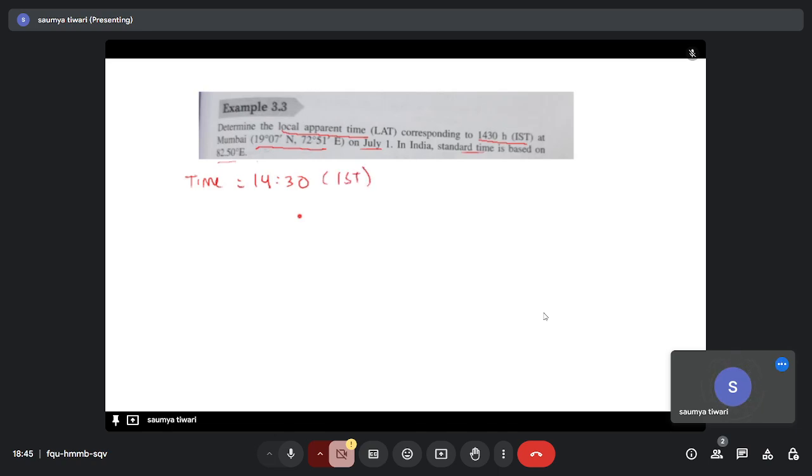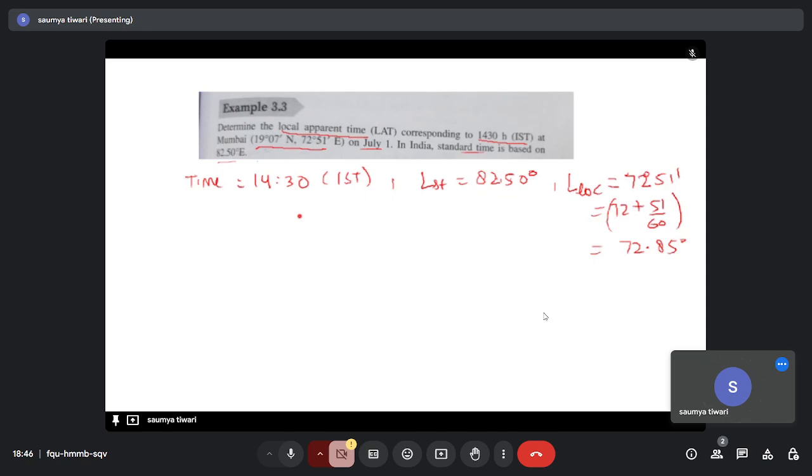And the standard longitude for India is 82.50 east. Now the longitude of the local location is also given, which is 72 degree 51 minutes. So we will first convert it into degrees, which will come to 72.85.